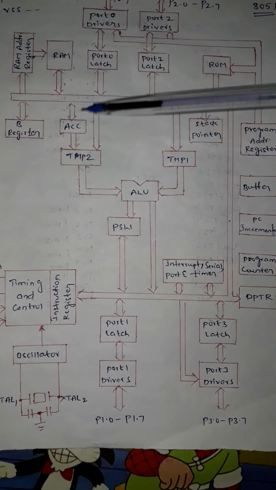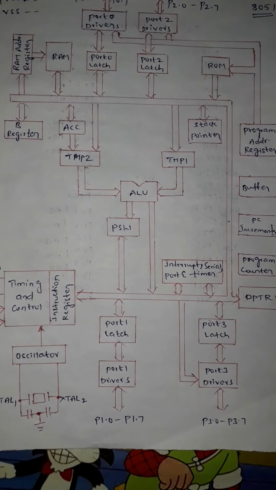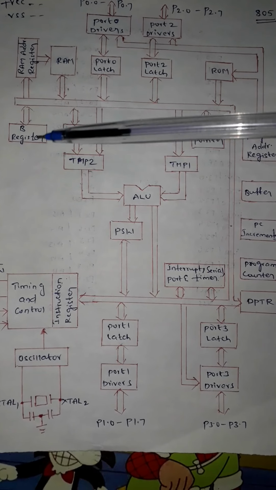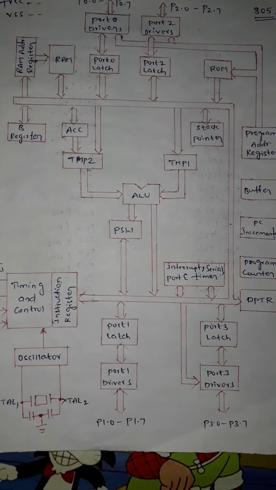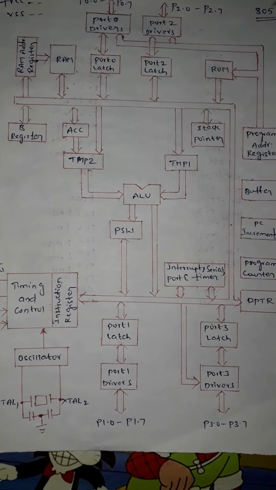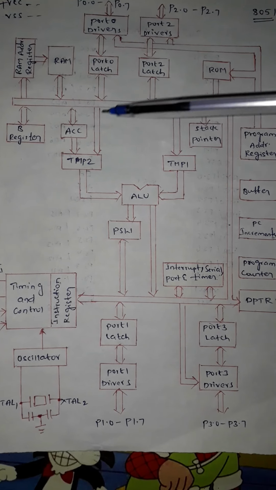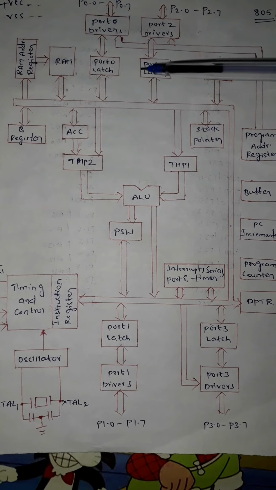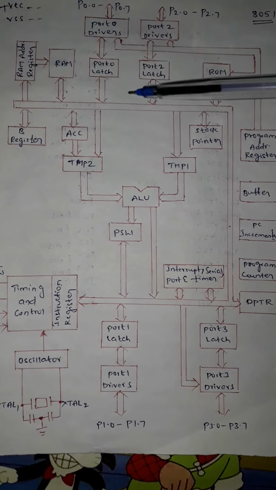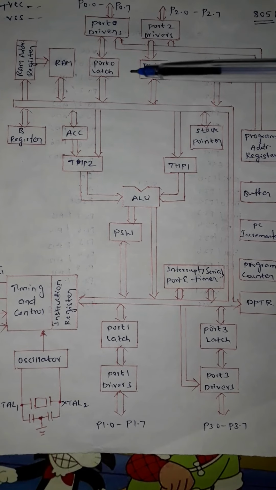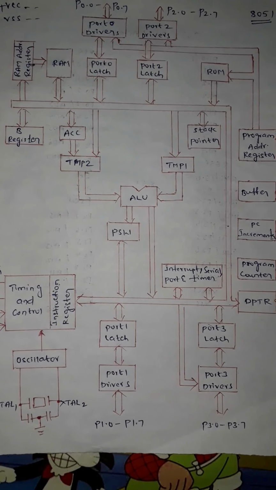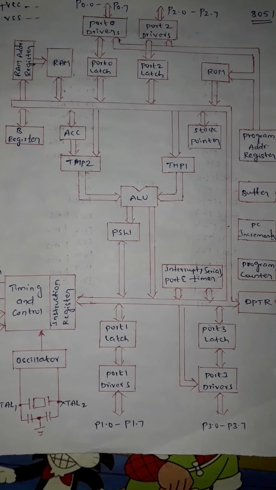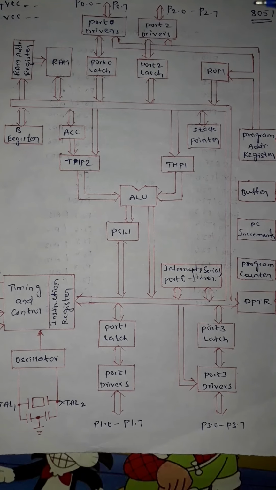The B register can also be used as a general purpose register. The B register has an address in the 8051. Similarly, the accumulator also has an address, and the ports, port 0 and port 2, and the RAM memory also have addresses in the 8051.